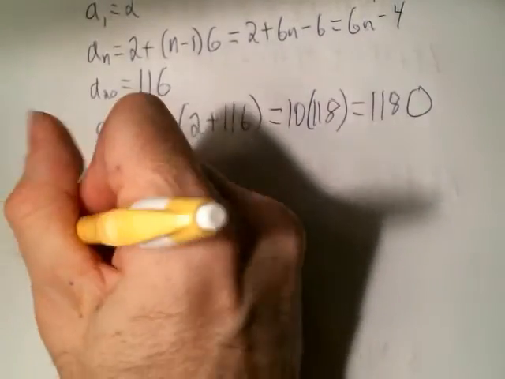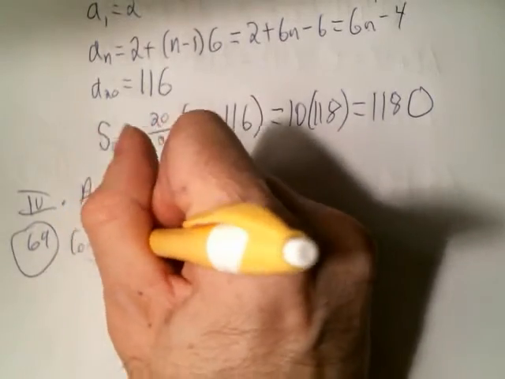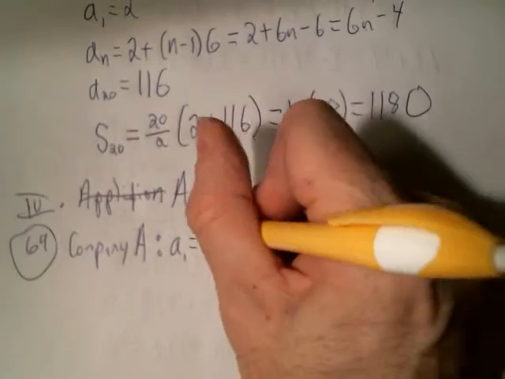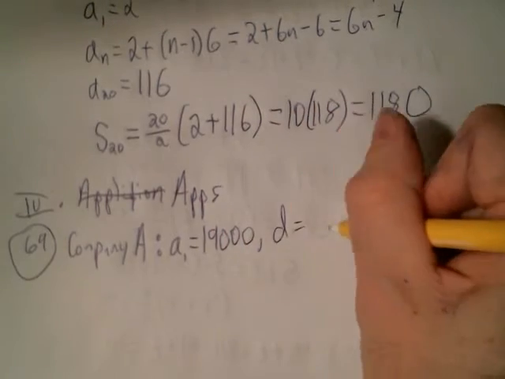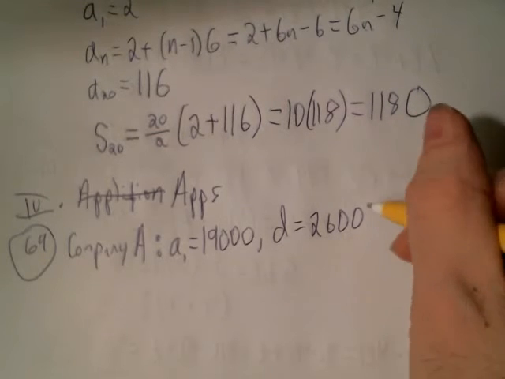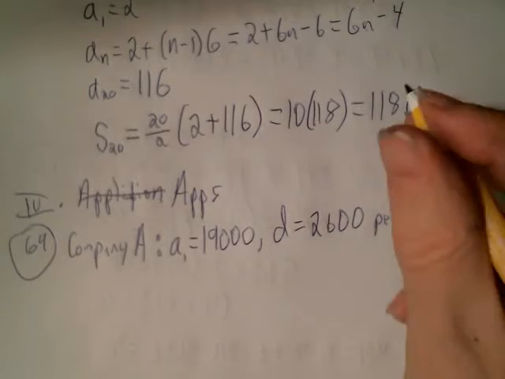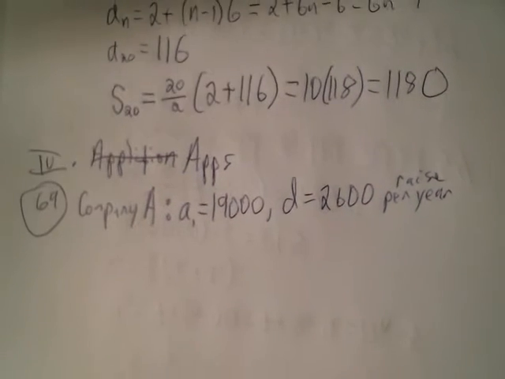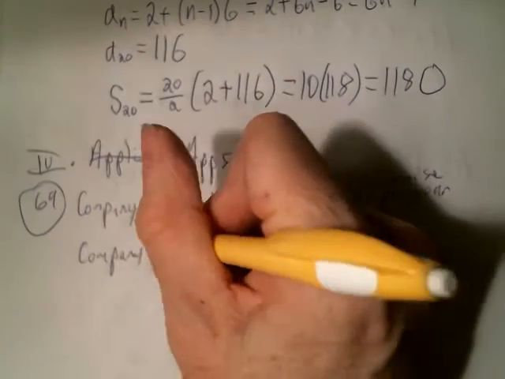So it's problem 69. You go to your job interview at company A, and they tell you they're going to start you at $19,000 per year, but they're going to give you a raise of $2,600 per year.